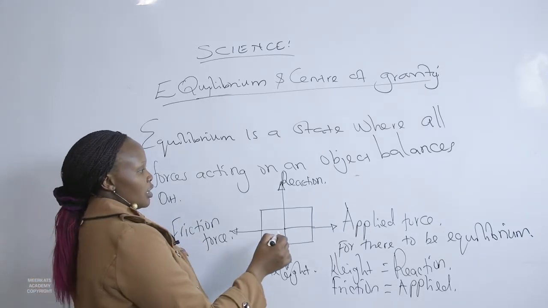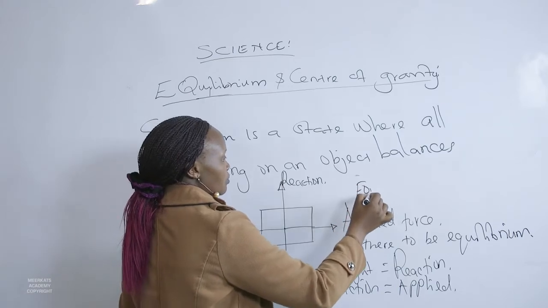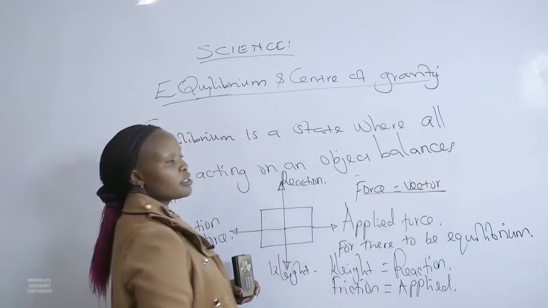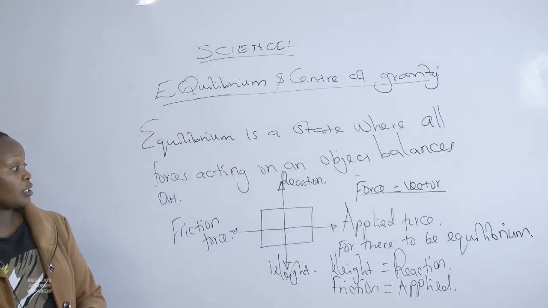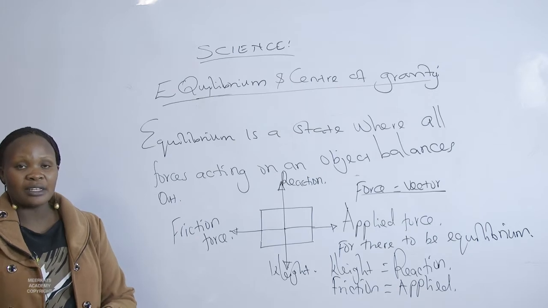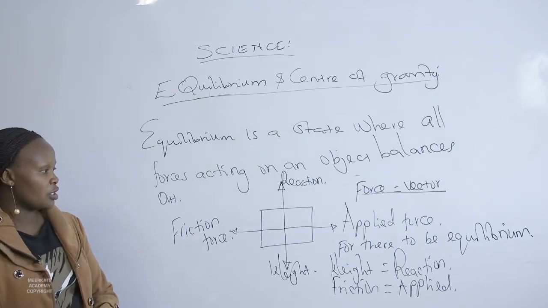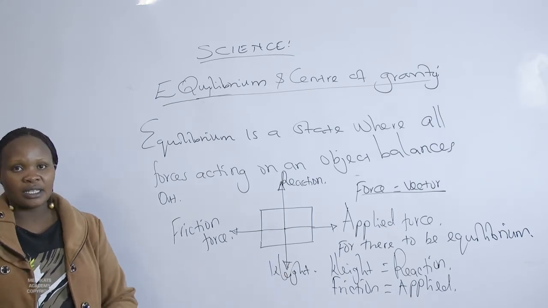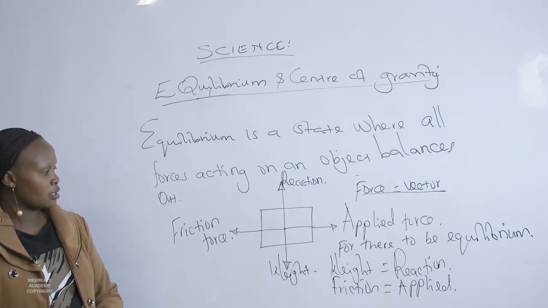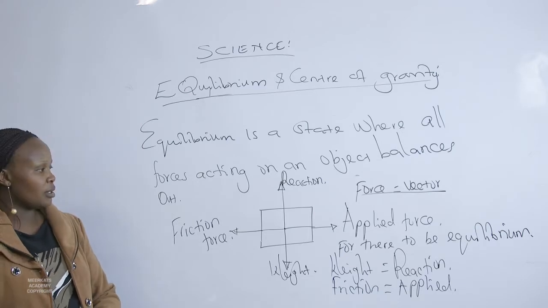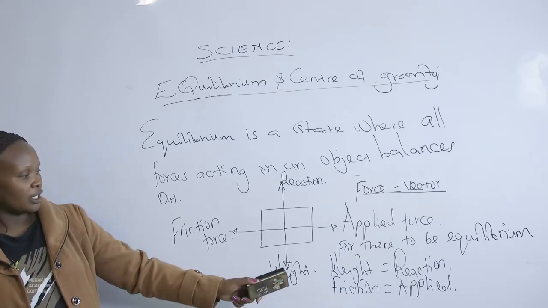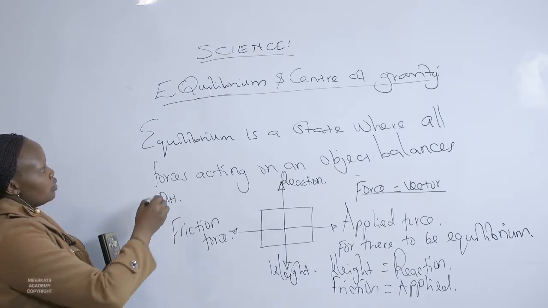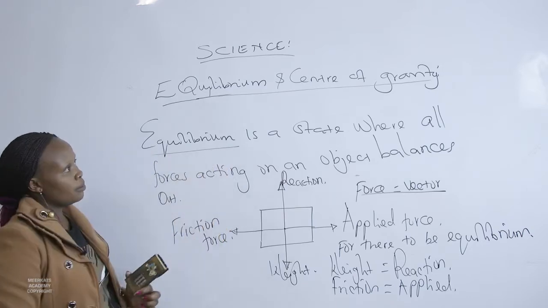Bearing in mind that force is a vector, it means when forces are acting in different directions, they actually cancel out the effect of each other, and therefore we will end up not realizing any movement of this object at that particular point, where now we can claim that our object is balanced. That is what we call equilibrium.